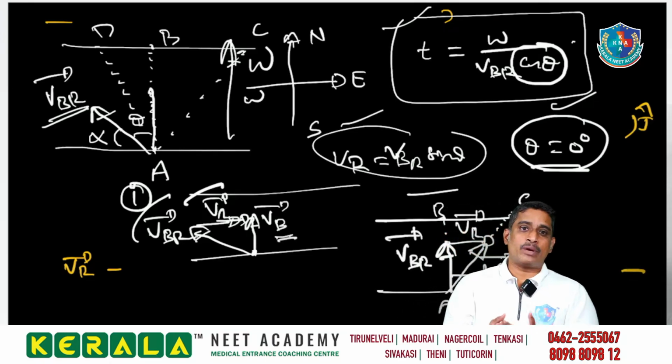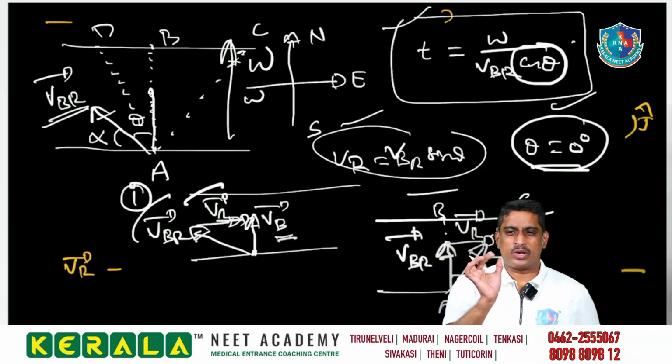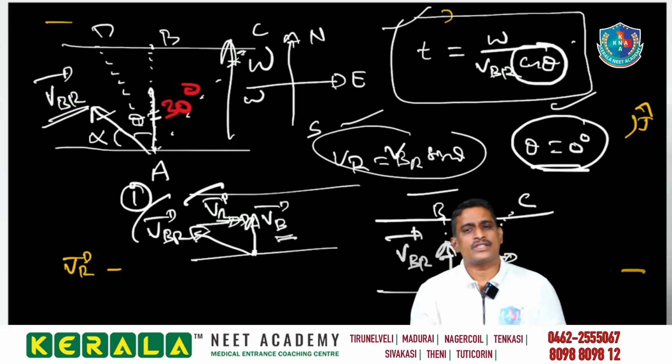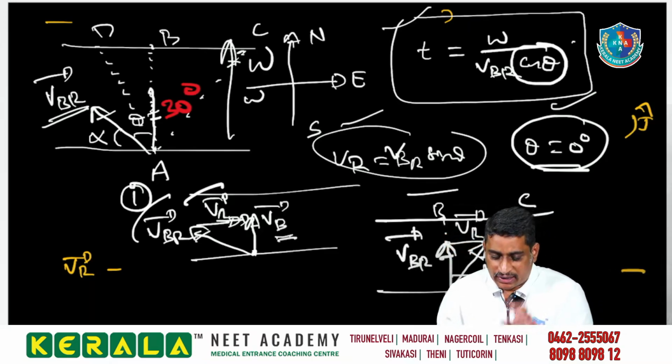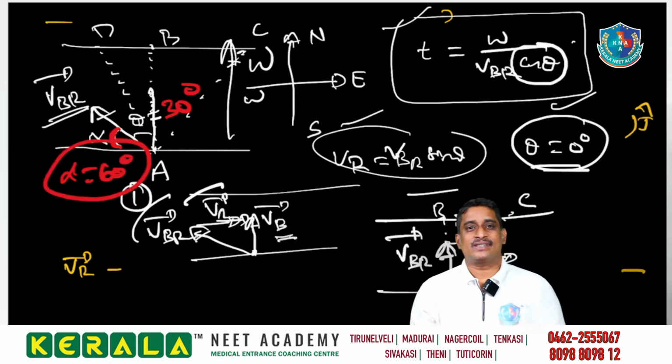Sometimes in examinations they may ask us to find these angles with downstream and upstream also. Just one point let me discuss here, after that we can switch to the other part. Suppose here the velocity of the boat with respect to the river is making an angle theta with the vertical. Suppose this angle theta, for example, is 30 degrees. Then alpha will become 60 degrees.